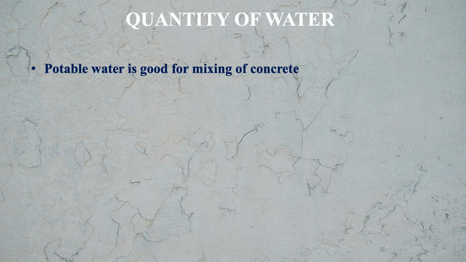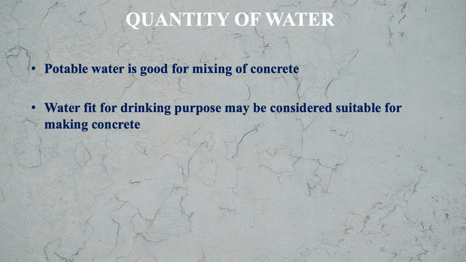Now, after talking about the quantity of water, let us talk about the quality of water. Potable water is good for mixing of concrete, means water which is fit for drinking purpose is also fit for making concrete. You can easily and safely use water which you can drink for making the concrete.